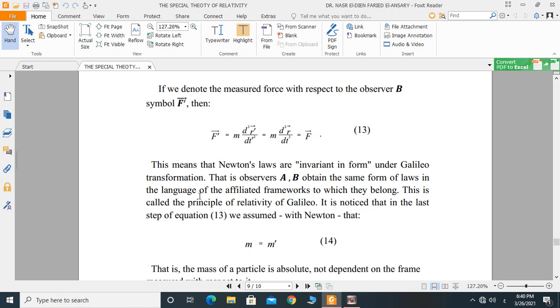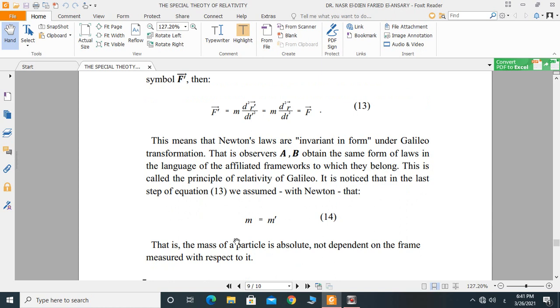In equation 13, we write f dash equals m dash, which equals m; that is, we put with Newton that m equals m dash, i.e. the mass of a particle is absolute, not dependent on the frame measured with respect to it.